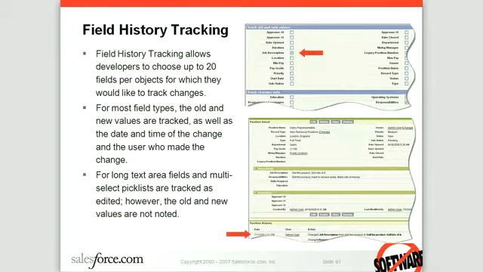All right. So there's actually two different types of fields that behave differently in terms of field history tracking. Things like your long text areas and your multi-select pick lists, it just identifies that a change was made, but it does not store the old value.